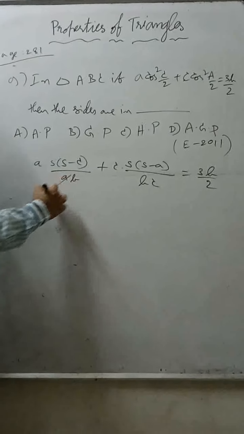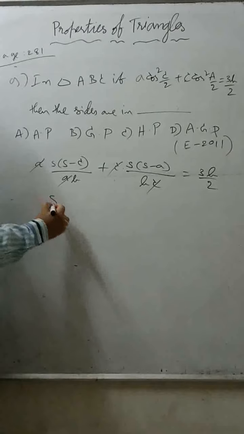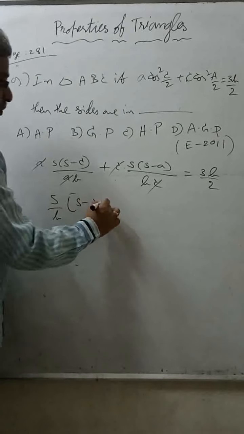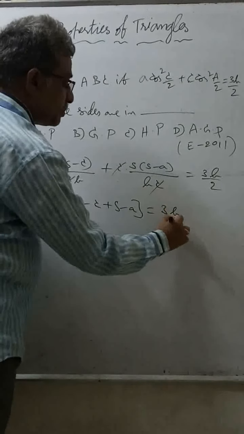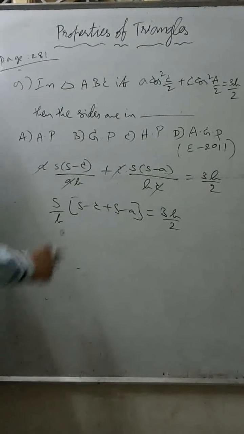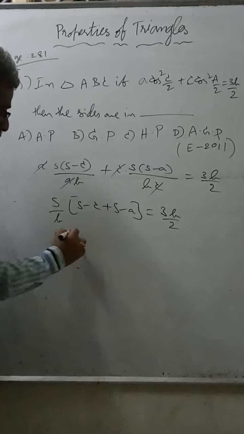So what I want to say is this a gets cancelled, c gets cancelled. If I take s by b common from both, left out is (s minus c) plus (s minus a) equal to 3b by 2. This is 2s minus c minus a. 2s is a plus b plus c.